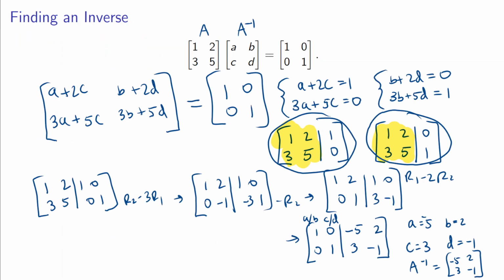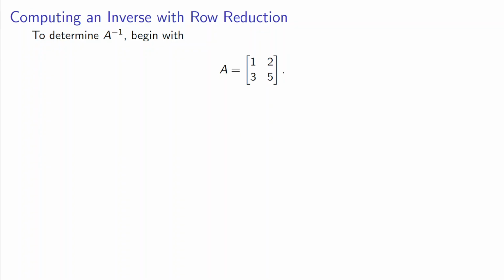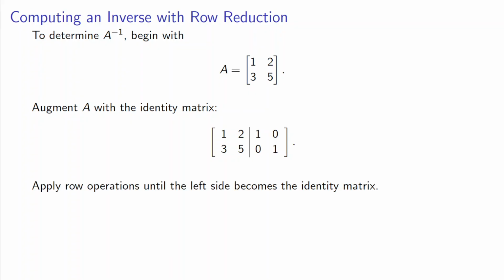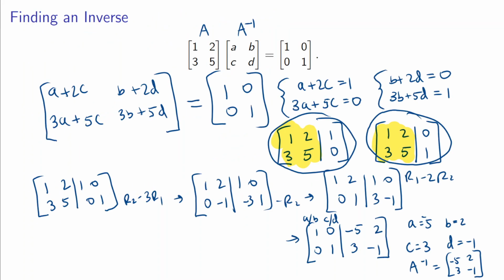Okay, so the process is to begin with our matrix A, augment it with the identity matrix, and then apply row operations until the left-hand side becomes the identity matrix. What we'll be left with is the identity matrix on the left and the inverse on the right.